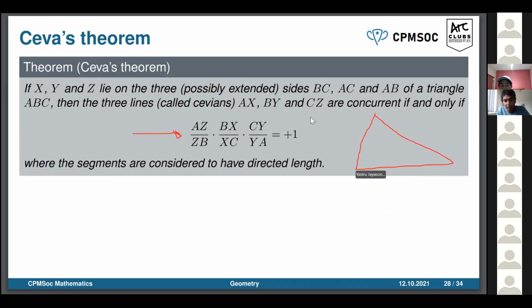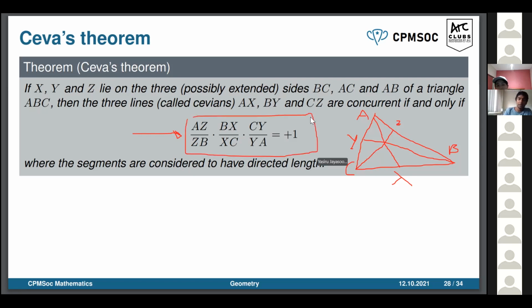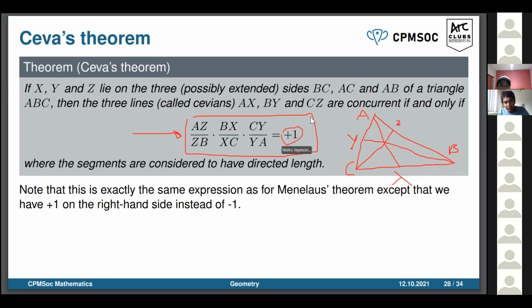If I have triangle ABC and points X, Y, and Z, it turns out they all intersect at one point if and only if these ratios work: AZ over ZB times BX over XC times CY over YA is equal to +1. So again we have directed lengths, but instead of a -1, we now have a +1. That's the main difference between Ceva's and Menelaus's theorem.